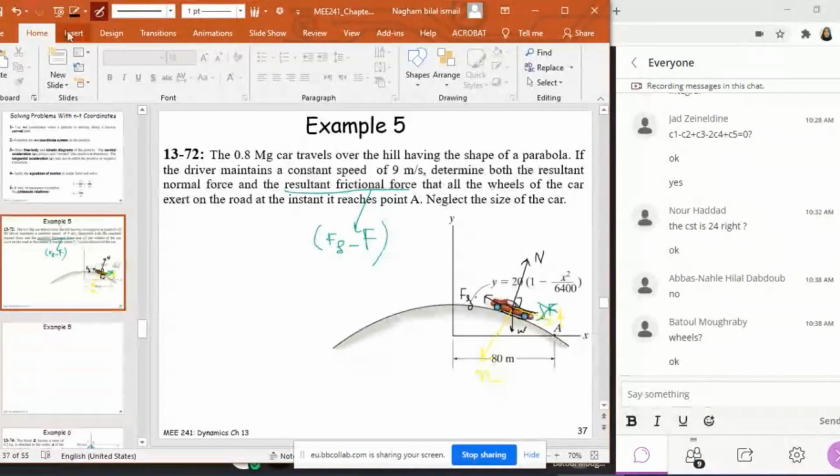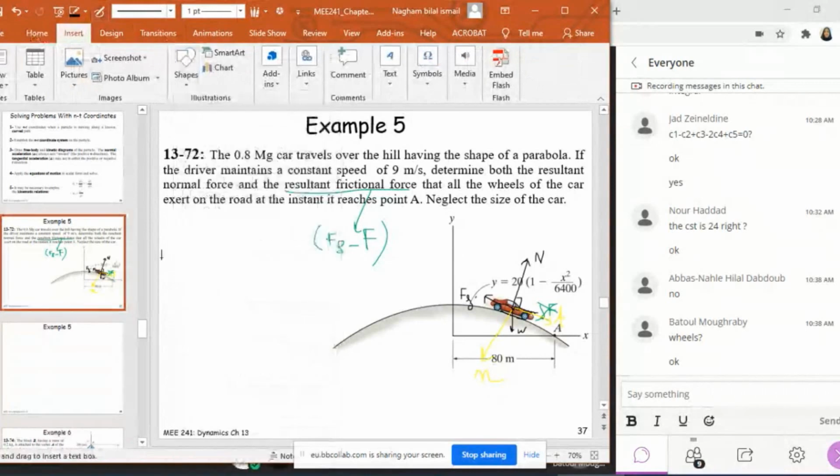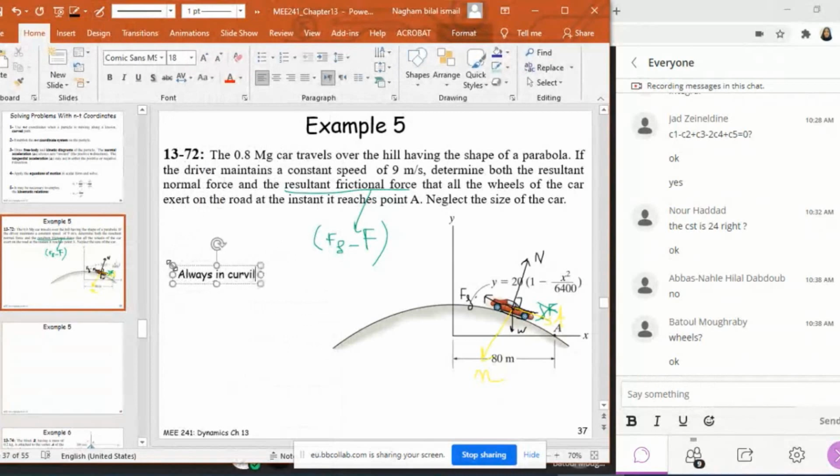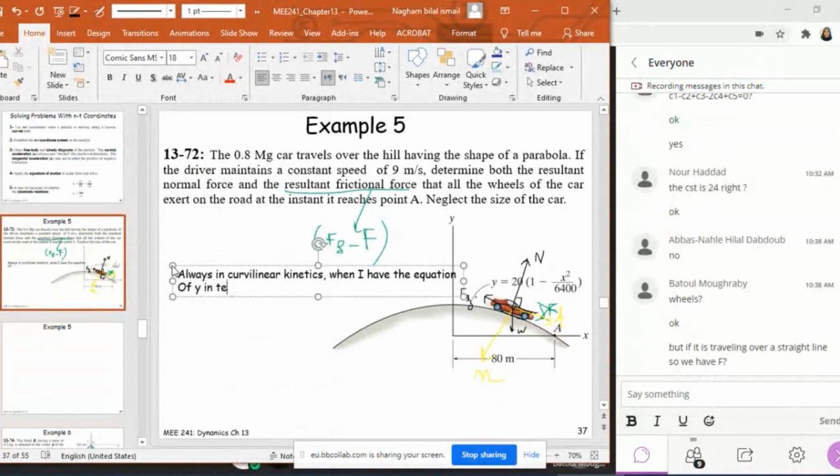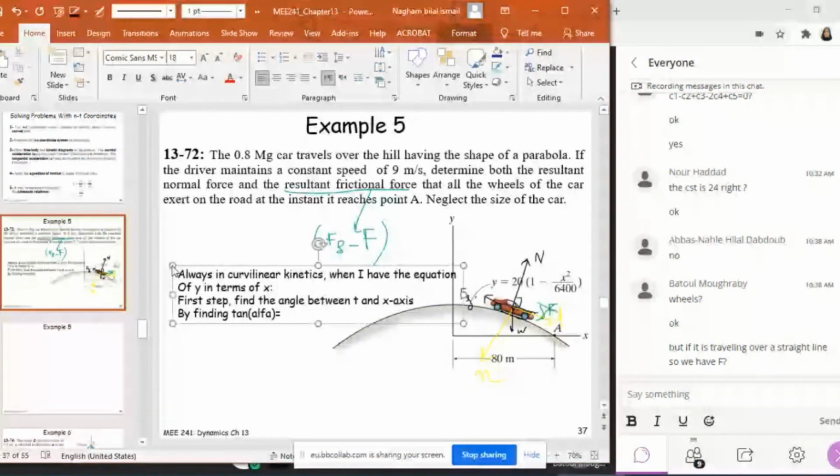Now what you have to know, guys, that always in curvilinear kinetics, when I have the equation of y in terms of x, first step, guys, find the angle between T, the tangential direction, and x-axis by finding tangent alpha as dy over dx at this x.